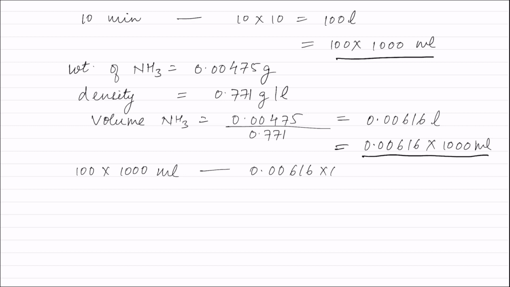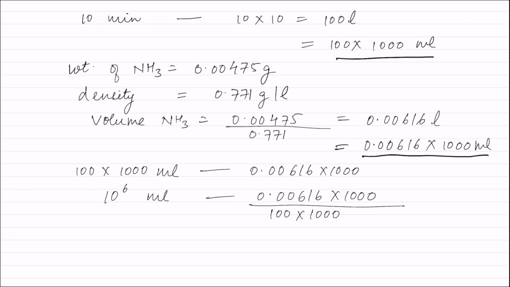Therefore, volume of ammonia in 10 to the power 6 milliliters of air will be 0.00616 into 1000 divided by 100 into 1000 into 10 to the power 6.